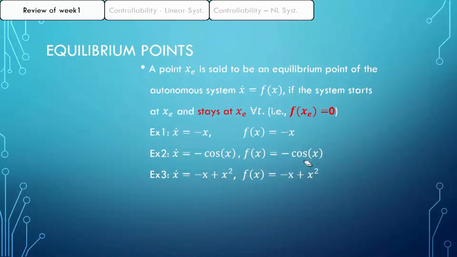So here's the definition of the equilibrium point. A point xe is said to be an equilibrium point of the autonomous system x dot equals f(x) if the system starts at the equilibrium point and always stays there. It never leaves the equilibrium point, okay?